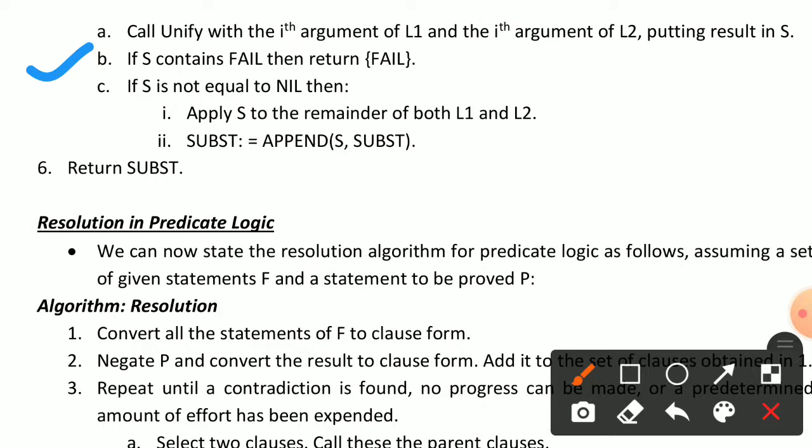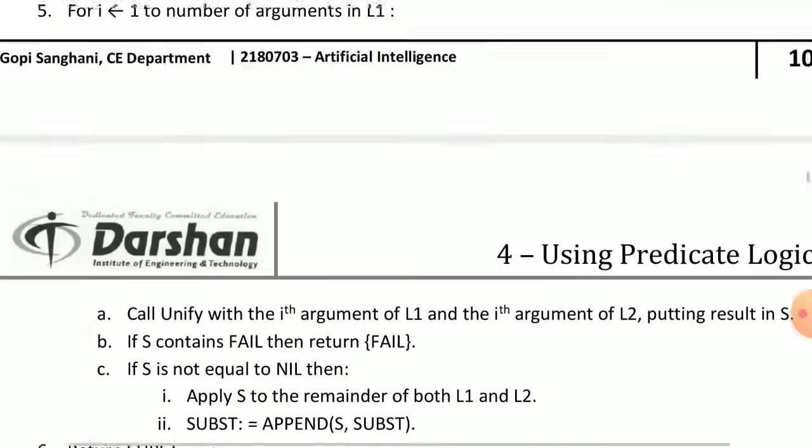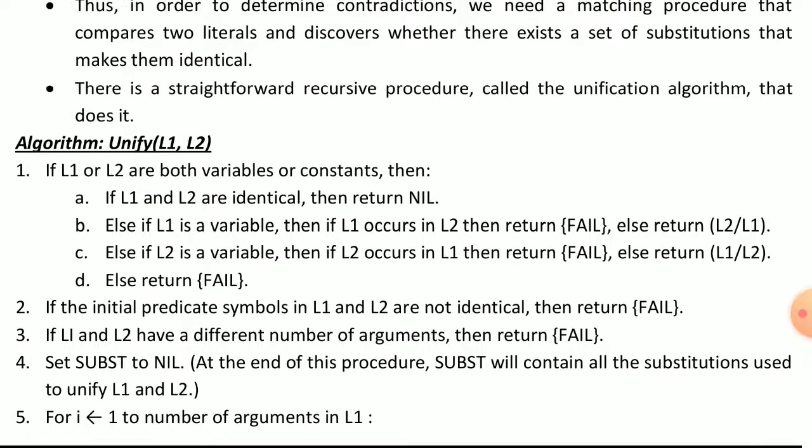Third, if S is not equal to nil, meaning some substitutions are present in S, then apply S to the remainder of both L1 and L2, and set substitution equal to append S comma substitution. Finally, we return the substitution. So here our algorithm of Unify L1, L2 is completed.